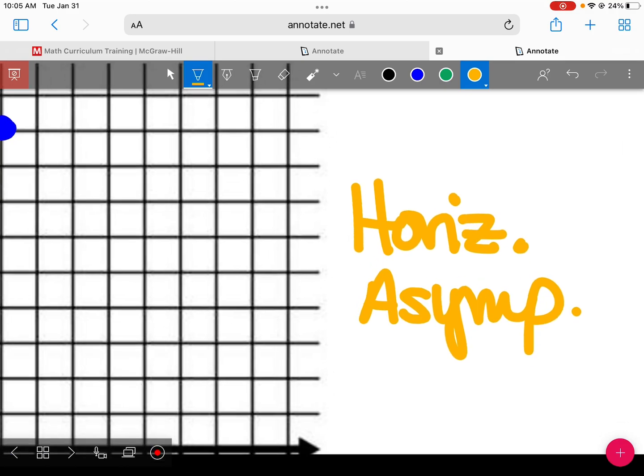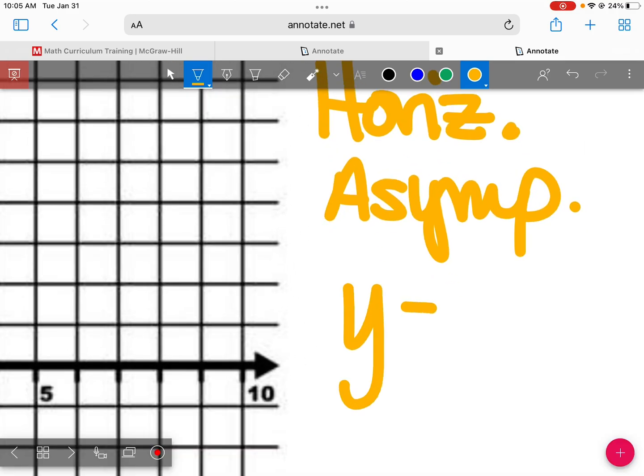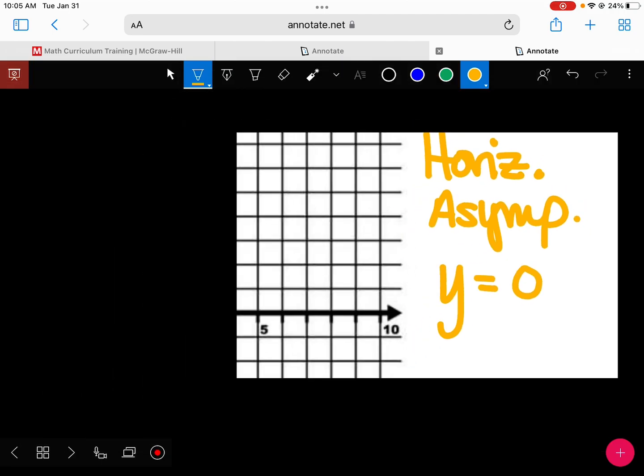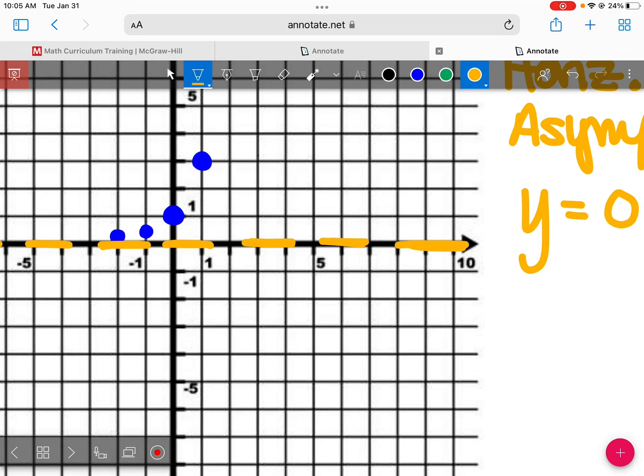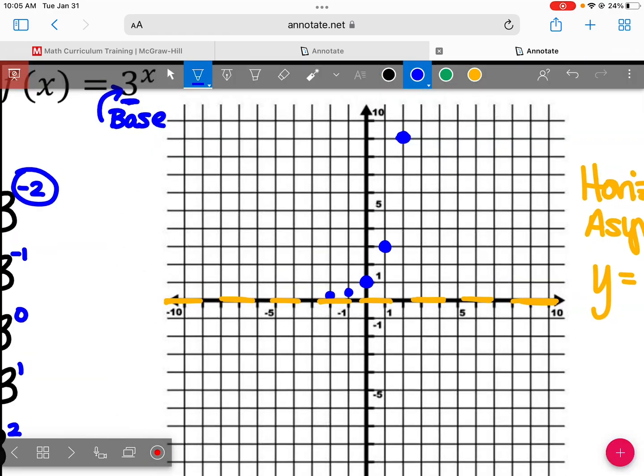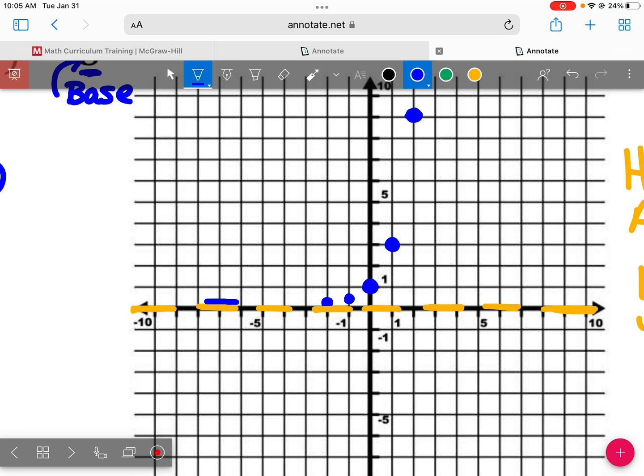My horizontal asymptote is going to be at y equals 0. Horizontal asymptotes are always y equals. So I'm going to have this little invisible fence that we can't touch or cross. And when I go to trace through my points, I don't go underneath that line. It goes right above it and then through the points that we got plotted.